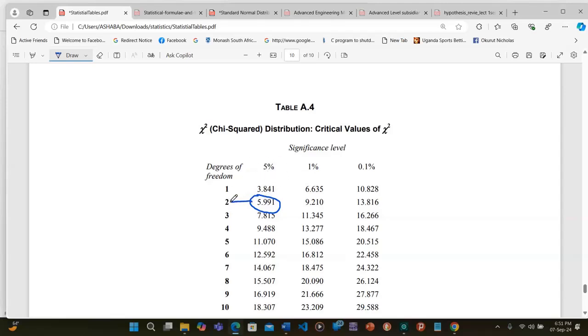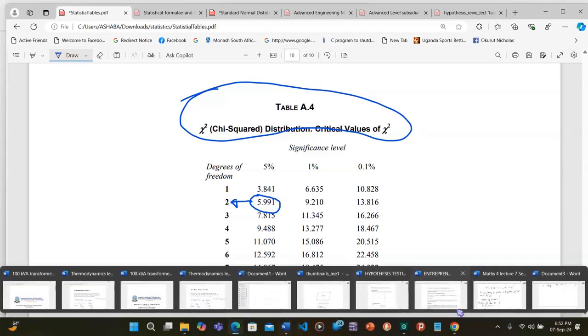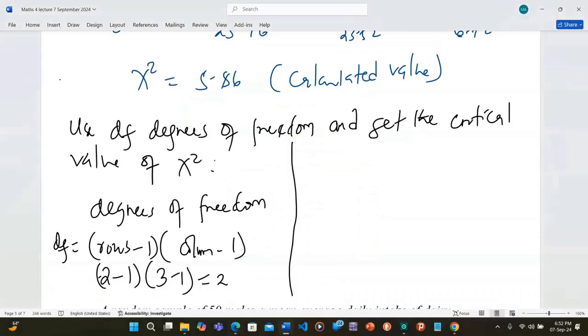So at the degrees of freedom equaling 2, you check on the table, and the table is supposed to be showing you the chi-squared distribution critical values. At the degrees of freedom 2, I have 5.991. So I come here and say that the chi-squared critical is equal to 5.991.